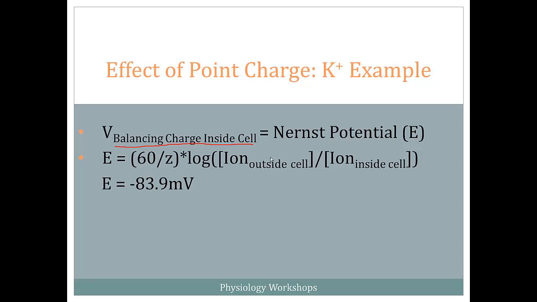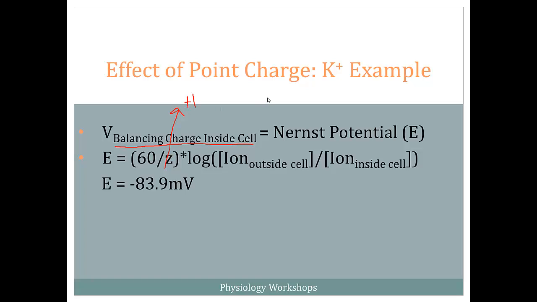So in the previous example, potassium, because of its concentration gradient, would want to move out of the cell, but we want to figure out what type of negative charge we can place inside the cell such that the potassium doesn't want to move out anymore. So if we were to calculate what that charge is, we use our Nernst potential. We say E equals 60 over Z, where Z is the valence, of course, and that is plus 1.